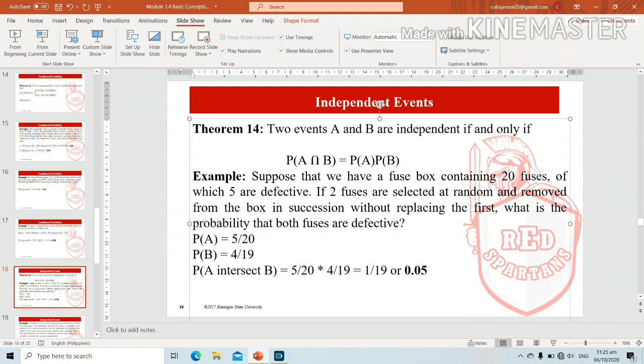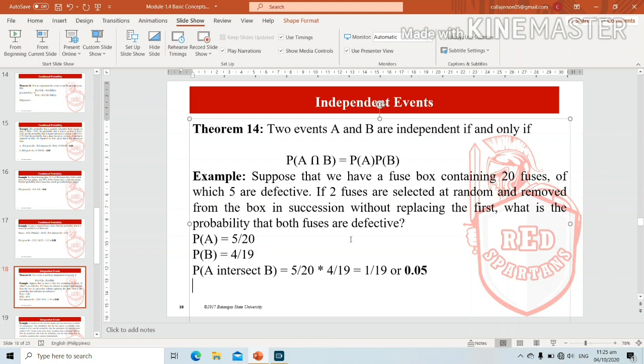Then halimbawa naman, if 2 fuses are selected at random and removed from the box in succession with replacing the first, so kapag nabunot na yung first draw dun sa fuse, ibinalik pagka nabunot, ibig sabihin, ang probability ng A natin, 5/20, then ang probability ng B natin is 5/20 pa din.